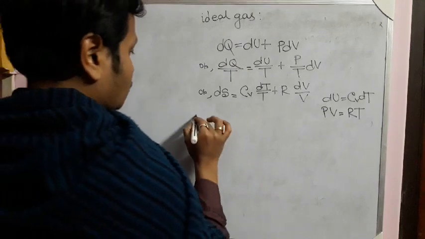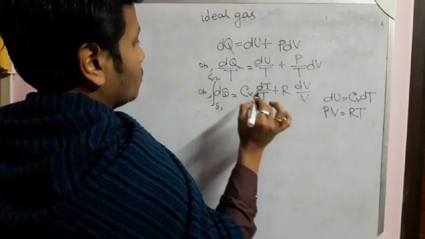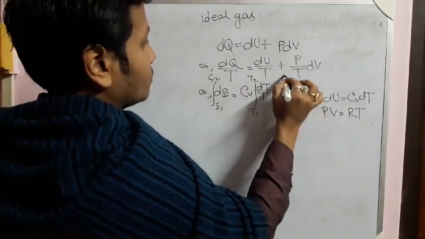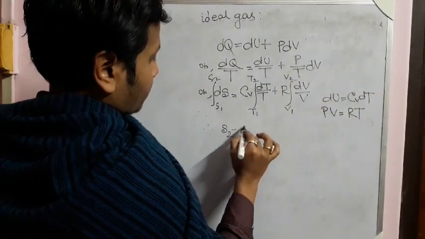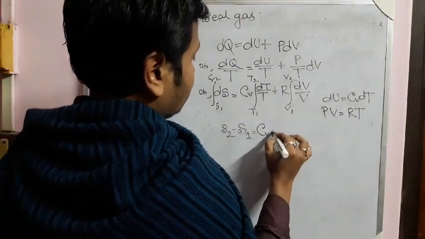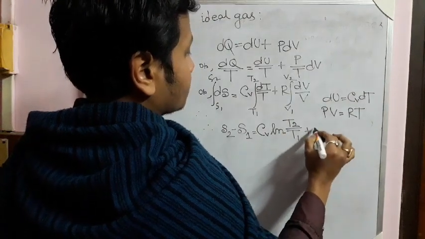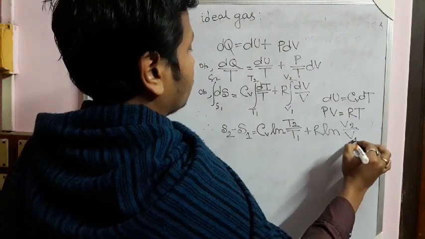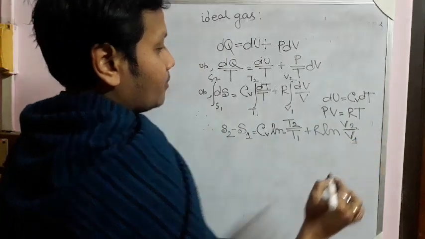Okay, so if you integrate this expression within the limits s1 to s2, and you integrate within the limits T1 to T2, and this you do for V1 to V2, then what do we get? We get S2 minus S1 equals Cv ln T2 upon T1 plus R ln V2 upon V1. Okay, so this is the general expression for change in entropy for a perfect gas.